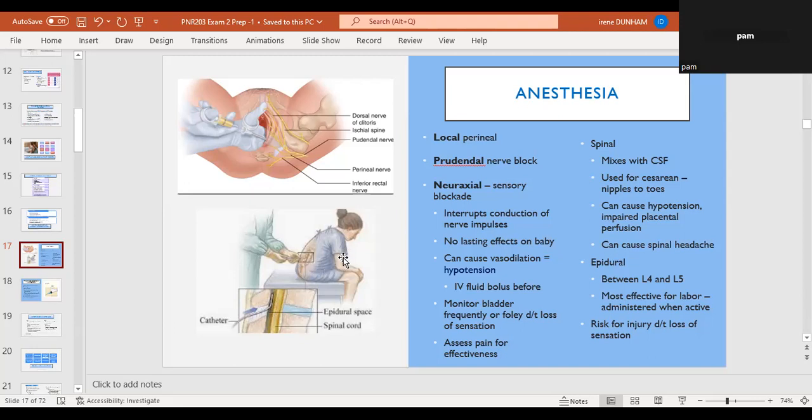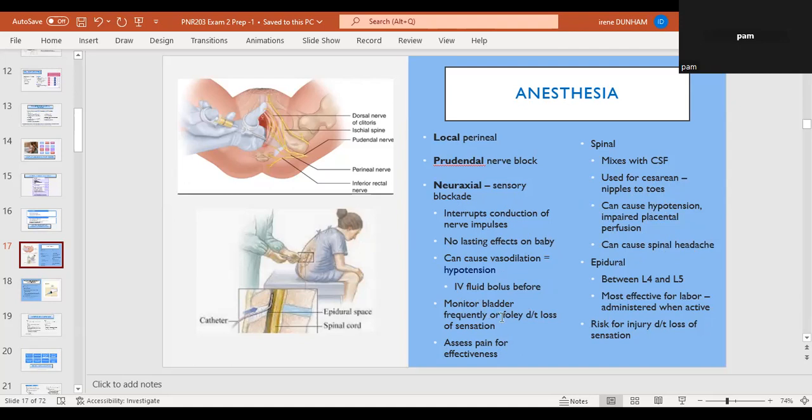Because what happens is that you can mix with the cerebral spinal fluid, and I do not want to do that because she'll have a terrible headache after delivery, and I don't want her to have a spinal headache.